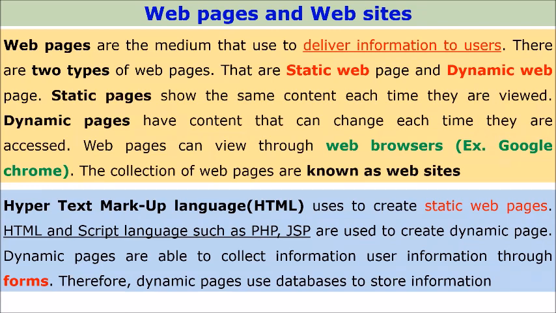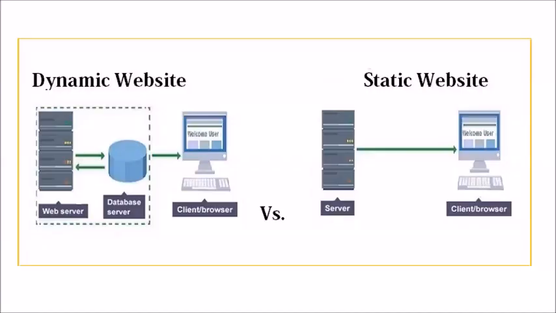Then let's look at some pictures. Here it explains the difference between dynamic and static web pages. First, look at the static website here. In the static website, there is the client, meaning you or your organization.